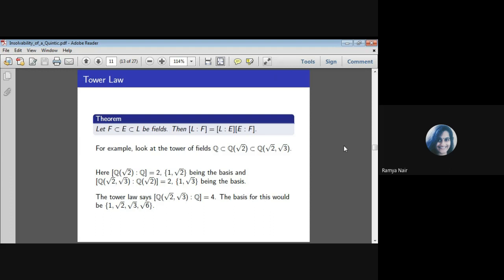The example is this tower of fields, say Q contained in Q adjoined with square root of 2, contained in Q adjoined square root of 2 comma square root of 3.